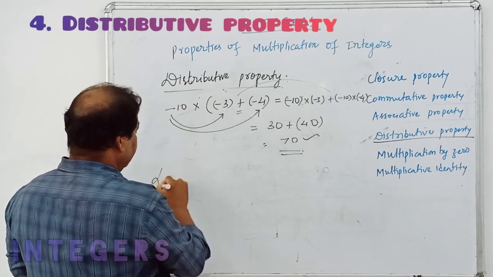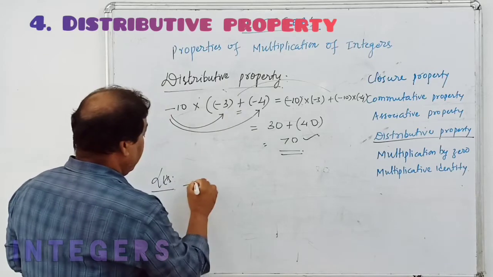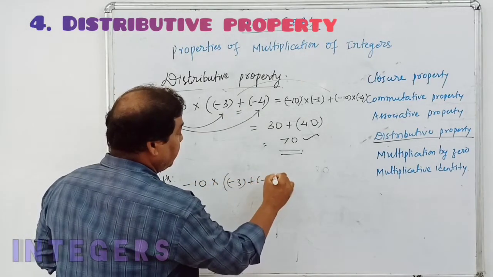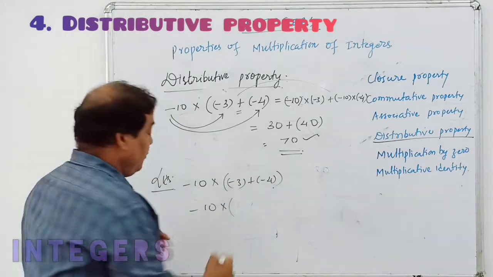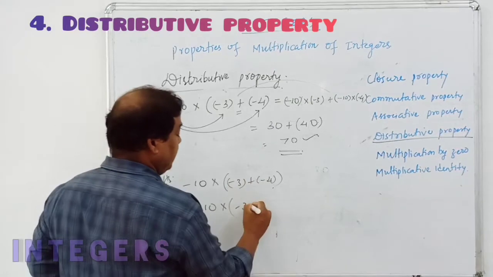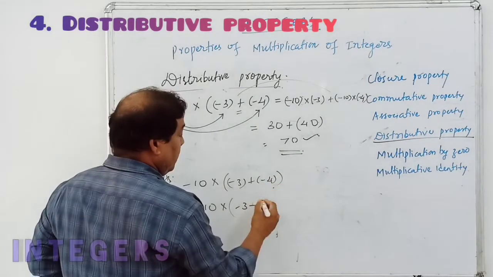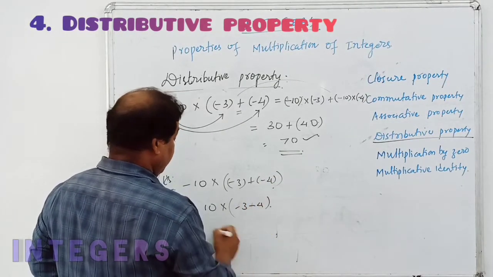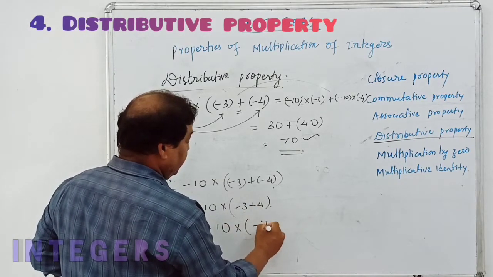We will see inside the LHS side. In the first case, that is minus 10 multiplied with minus 3 plus minus 4. So minus 3 plus minus 4, that means minus 3 minus 4, that is minus 7.